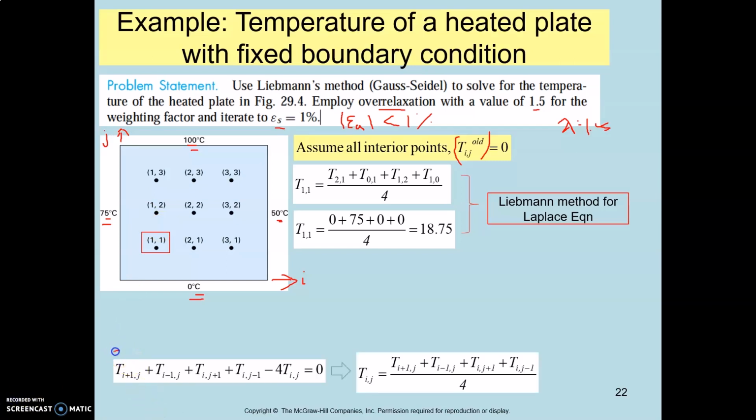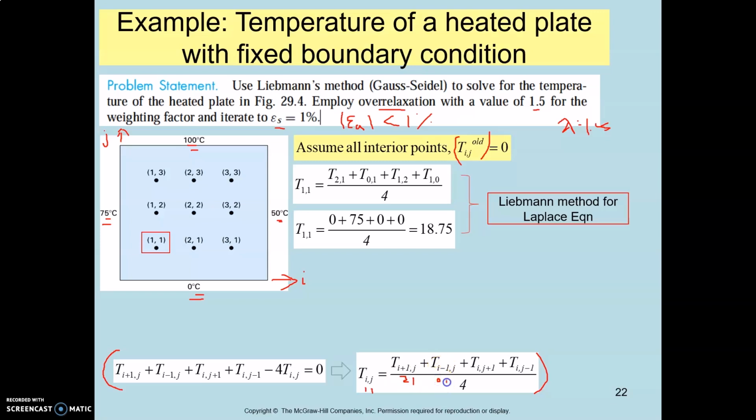By using the previous numerical modeling, we can predict the temperature distribution at these 9 points by using this equation. First of all, we want to find the temperature at point 11. By doing this, we are going to need the point 21.